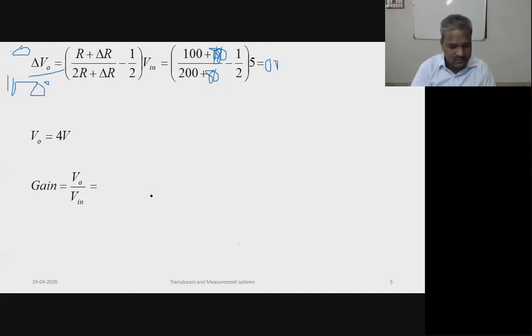Okay, let me do it. 180 divided by 280 minus 0.5, into 5. 180 divided by 280 is 0.6425, minus 0.5, 0.1425.